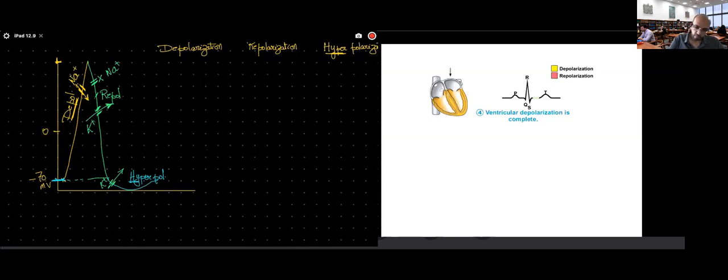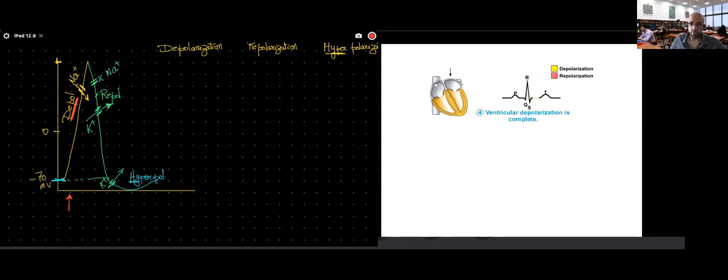So what if I am getting another signal here during depolarization? I started the depolarization, and I've got another signal. How would the nerve respond if it received another signal during depolarization?